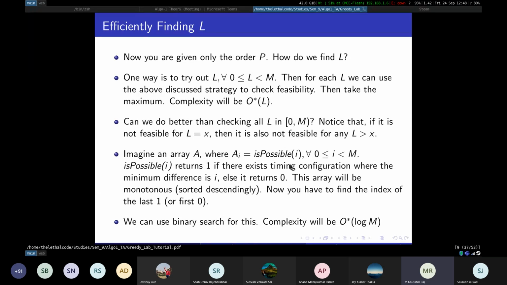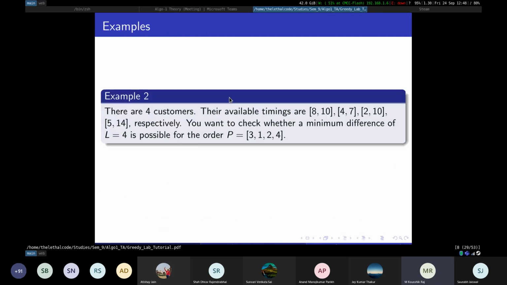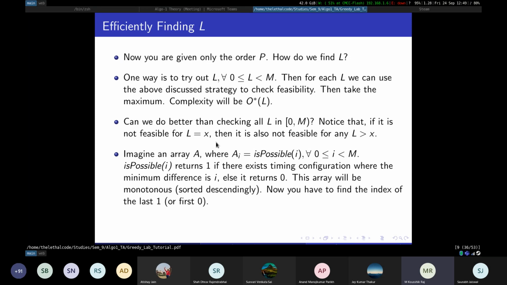Every time you're using isPossible of I, you are performing this greedy strategy, which we have talked about. It takes O of n. So every time you calculate an index of I directly, you will take O of n. That's why we want the number of values you're calculating for the instance to be as small as possible.